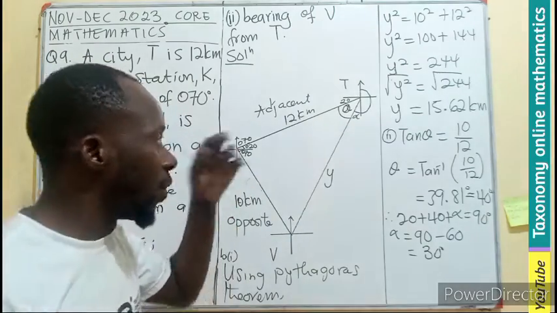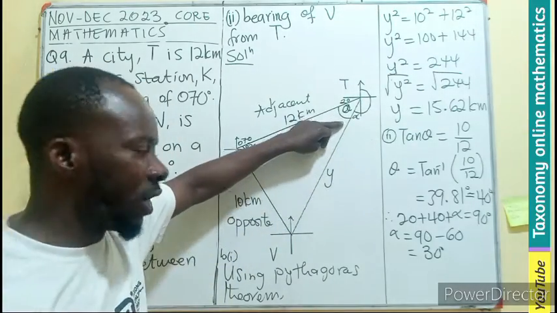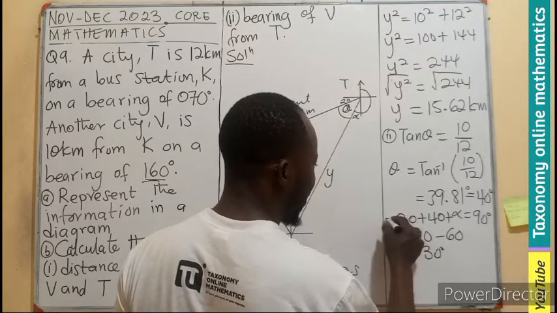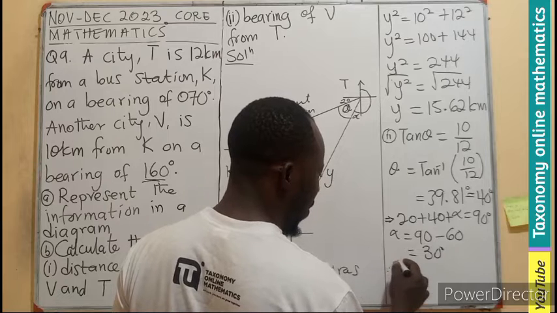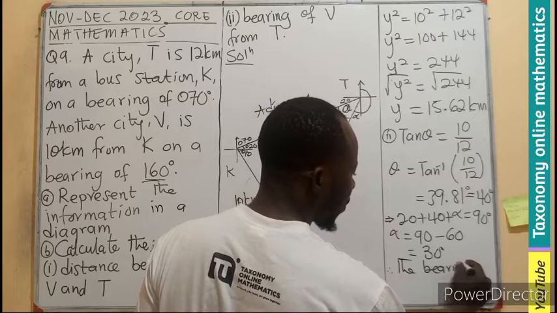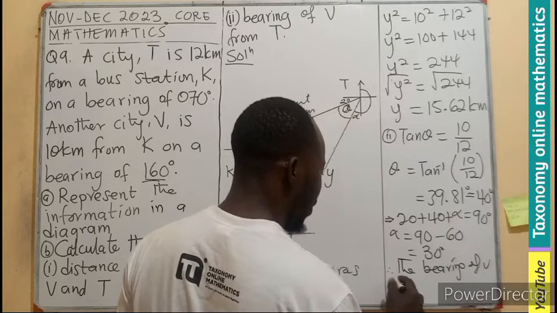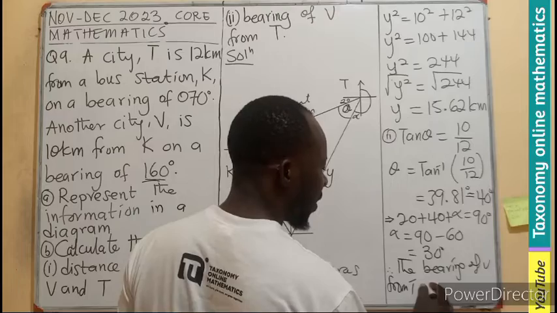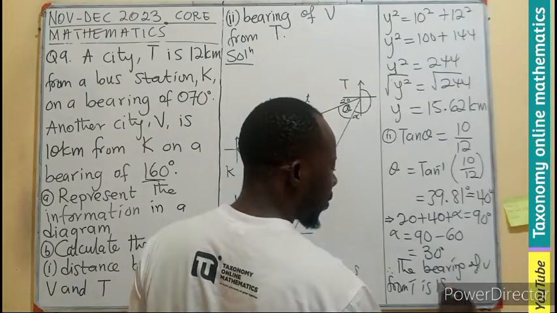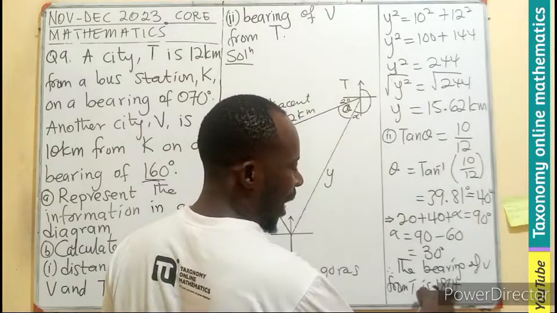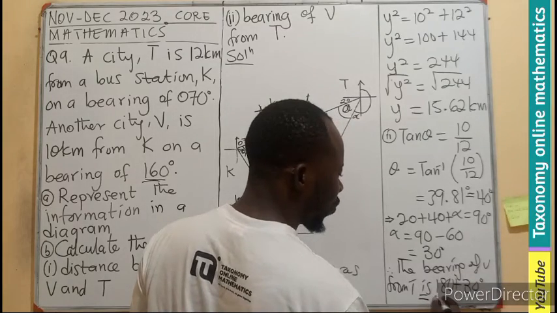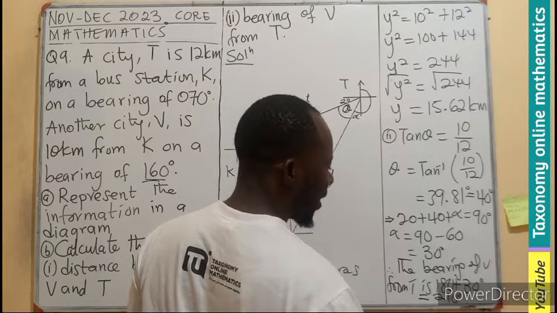But we are looking for the angle all the way from north down to this. Therefore, the bearing of V from T means this plus this, which is 180, plus the 30 degrees, and that gives 210 degrees.